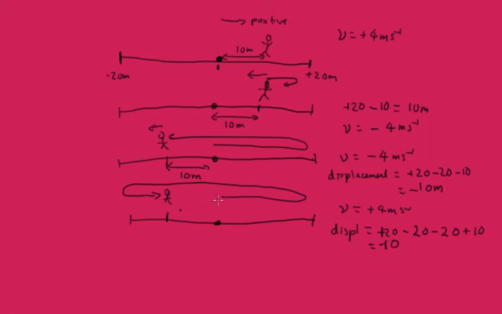And when he comes back to the origin, his displacement will be 0 because he's run the circuit back to his starting position.